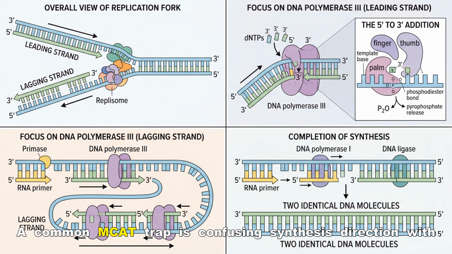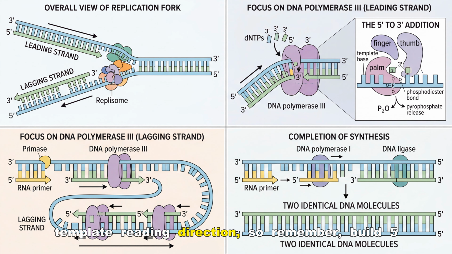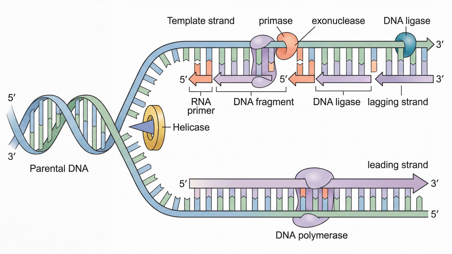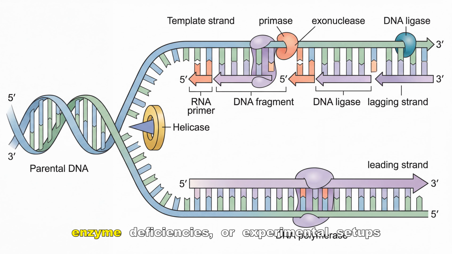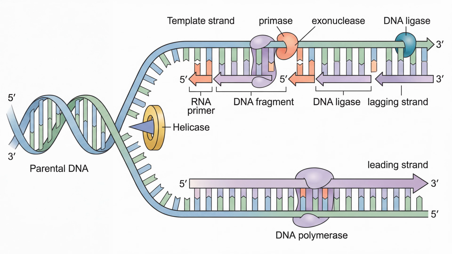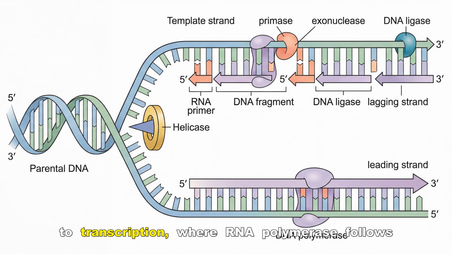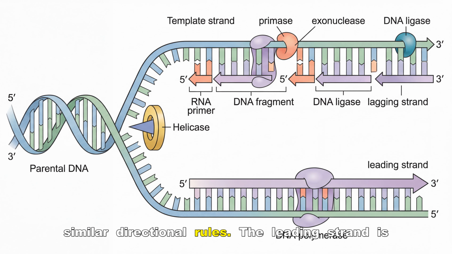A common MCAT trap is confusing synthesis direction with template reading direction, so remember, build 5' to 3', read 3' to 5'. This concept is often tested in questions involving mutations, enzyme deficiencies, or experimental setups where directionality matters. It also connects to transcription, where RNA polymerase follows similar directional rules.